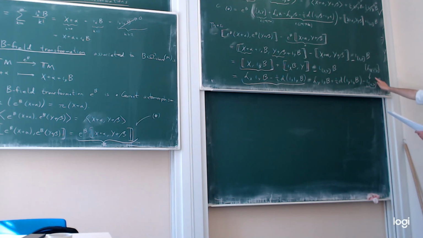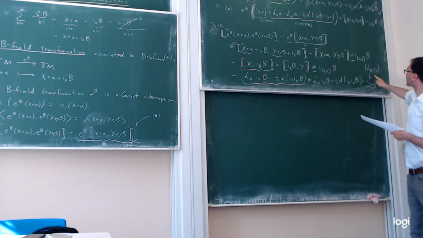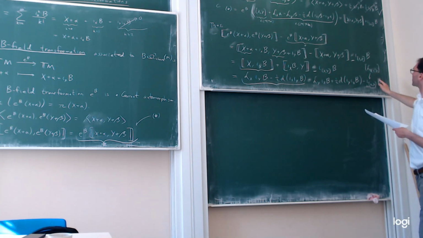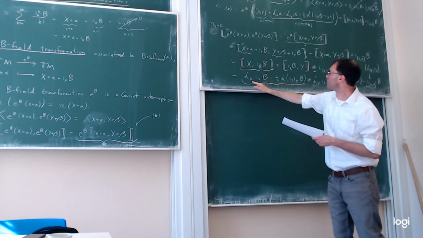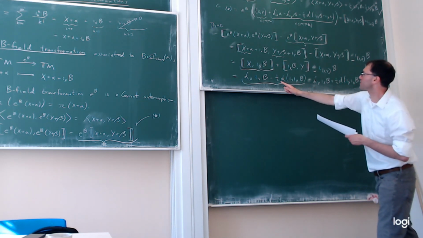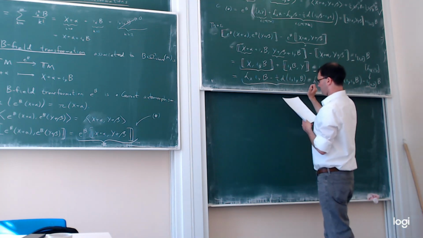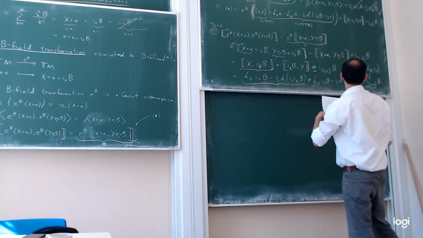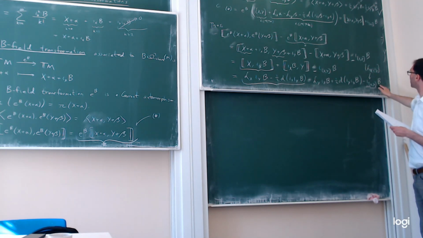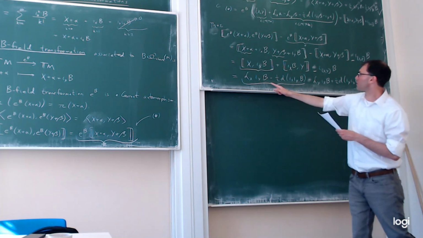And then we're going to note that the first term in that commutator appears over here, and because we have a subtraction here, that's going to cancel. And that's going to leave us with an interior product of y applied to the Lie derivative along x of b over here.